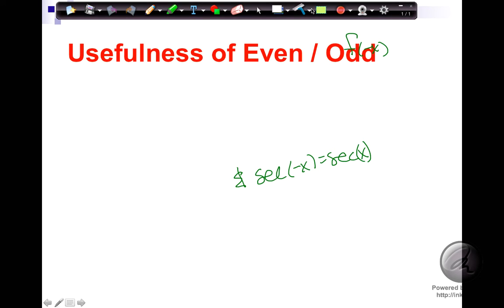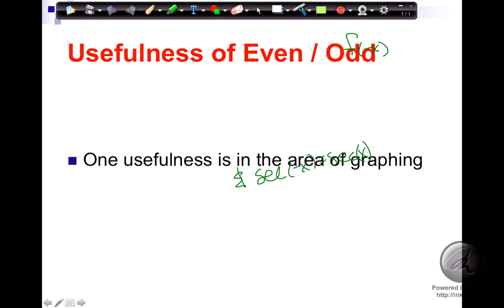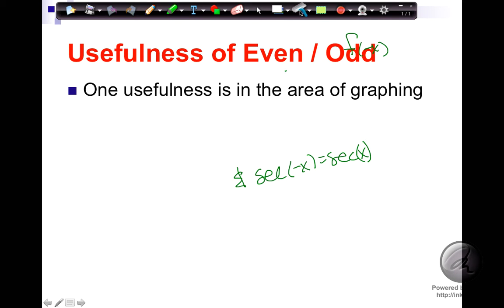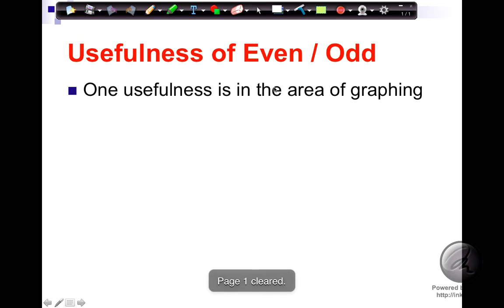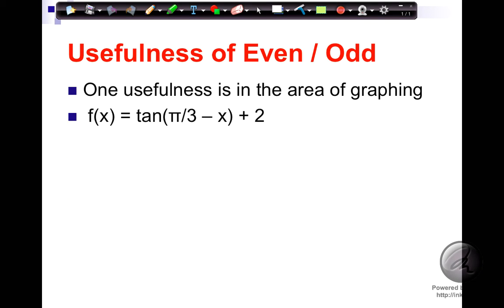So if I was to give you a function that would look like this, tangent of pi thirds minus x plus 2. Well, we never graphed any of these in this particular class, but in previous years I have. And because of the negative in front of the x, it tells me to reflect across the y-axis. But this became too much of a challenging problem. I've recently just taken it out.